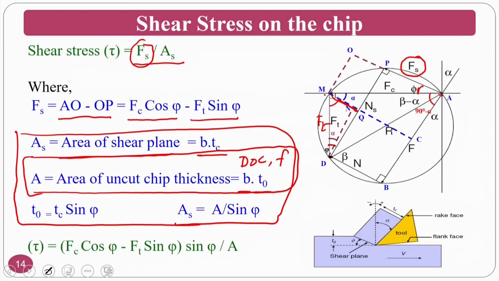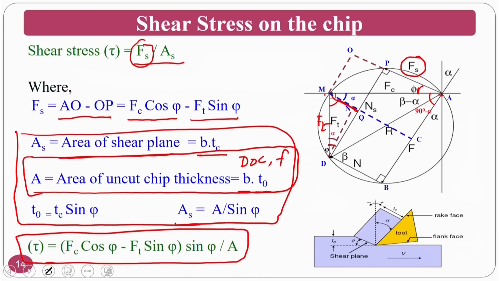So from this you can say As equal to A by sin phi. Whenever you put this back into the shear stress equation, you will get the shear stress as Fc cos phi minus Ft sin phi, multiplied by sin phi, divided by the area of the undeformed chip, which is nothing but your depth of cut multiplied by feed.